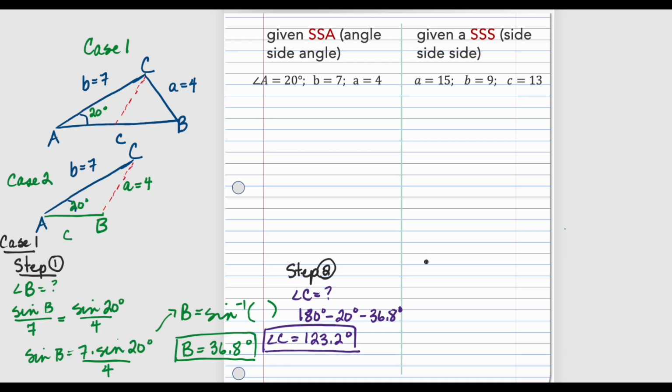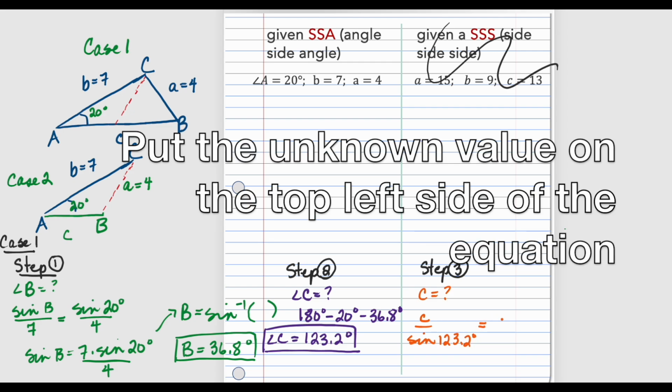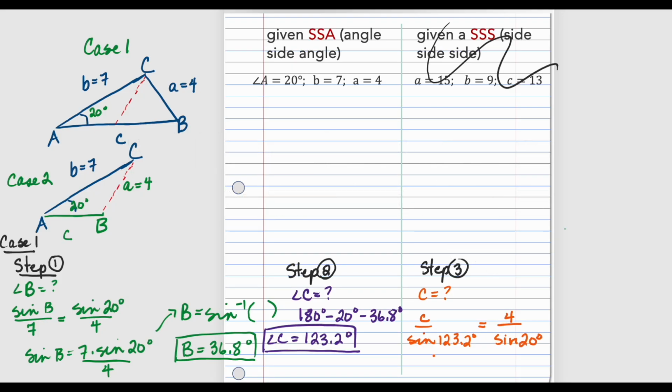I think I'm going to write over here, even though we're not doing this one. Step 3, side length C. C over the sine of C is equal to A, 4, over the sine of 20 degrees.